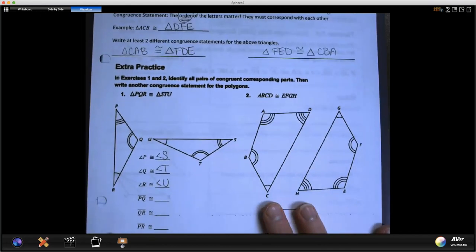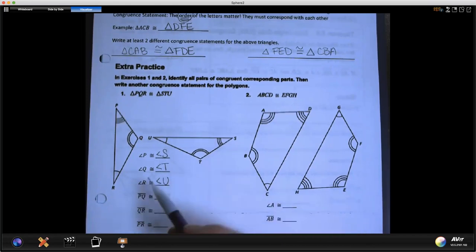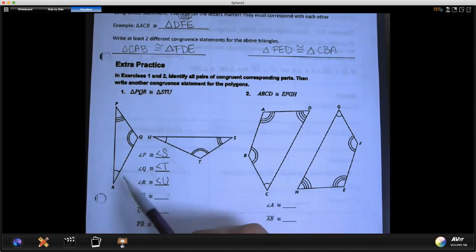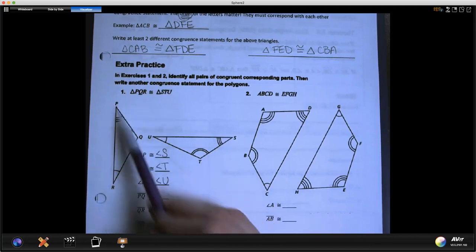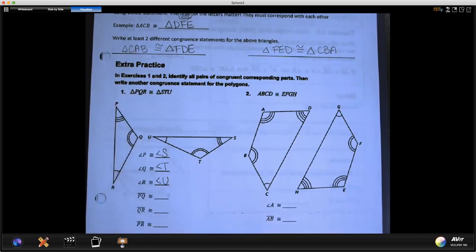However, with the sides, it's a little bit trickier, but not incredibly trickier. You just have to pay attention a little bit more on order. So on this one, we have PQ. So if we're going from P to Q, what would be the corresponding side on the other side?